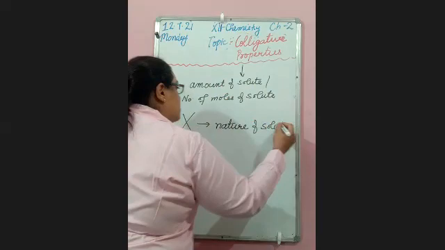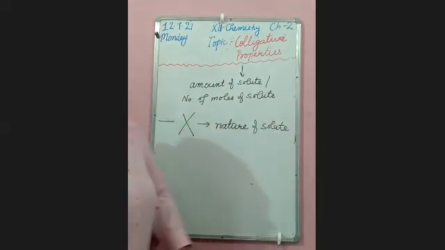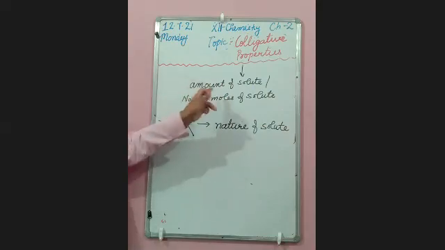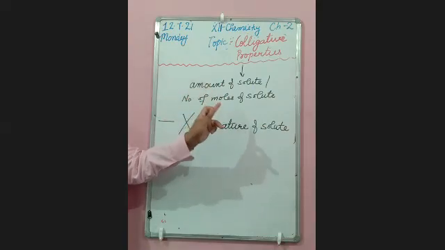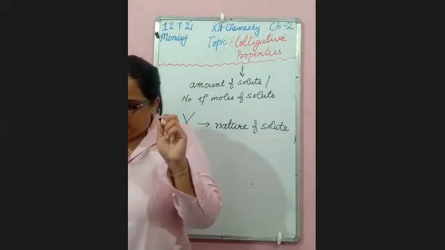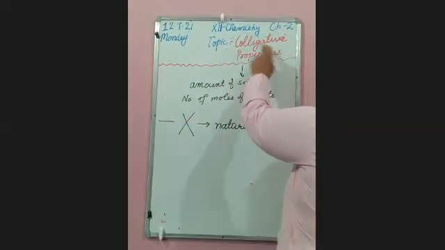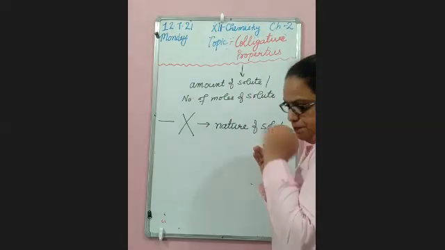Either it is glucose or urea, it does not depend upon it. It only depends upon the number of moles of a particular solute. So that is your colligative property.